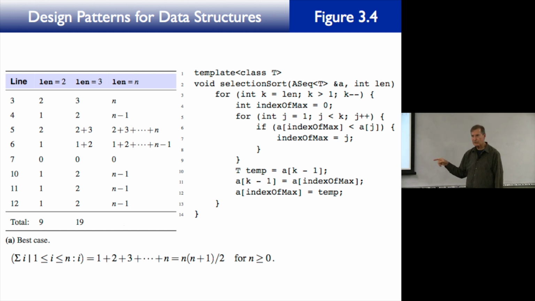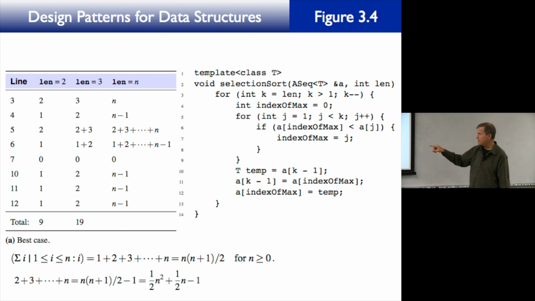And from this you can calculate the other summations, right? Because what is the 2 plus 3 plus dot dot dot plus n? That's this whole one minus 1, right? So 2 plus 3 plus dot dot dot is all that whole thing minus 1. And what about 1 plus 2 plus dot dot dot plus n minus 1?